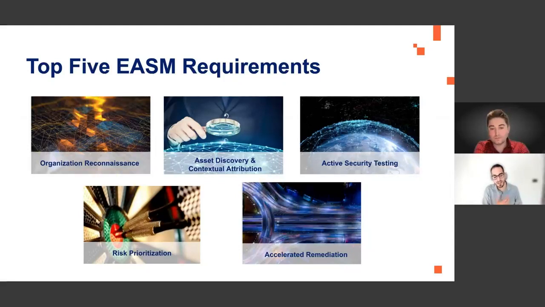So I really manage my risk, I reduce my risk, I rule my risk. And there are 5 main requirements, and we're going to deep dive into each of them in 1 second. And these 5 requirements are organization mapping or reconnaissance, asset discovery and contextualization, active security testing, risk prioritization, and then, of course, accelerated remediation.